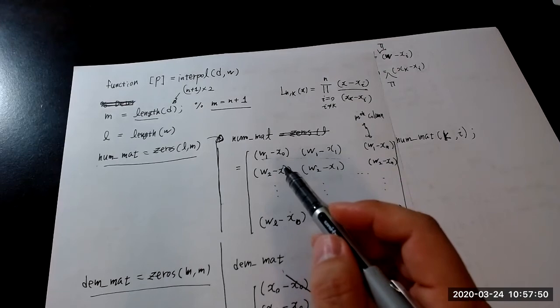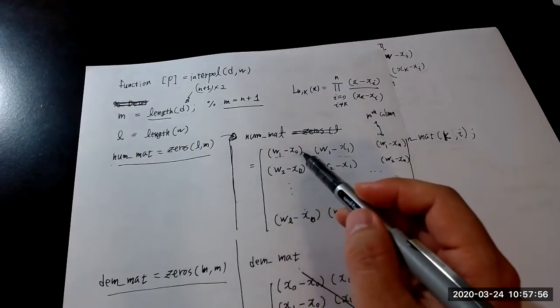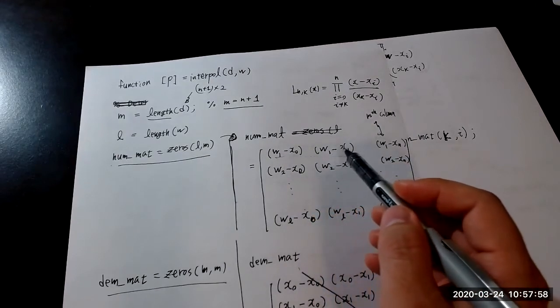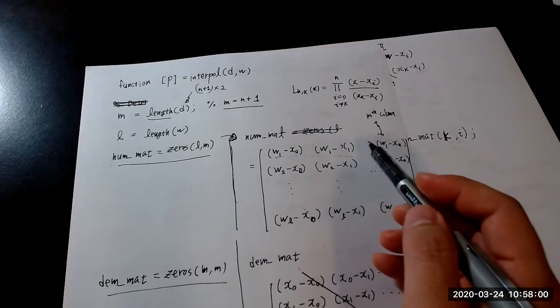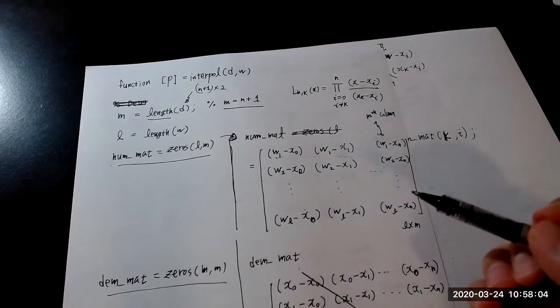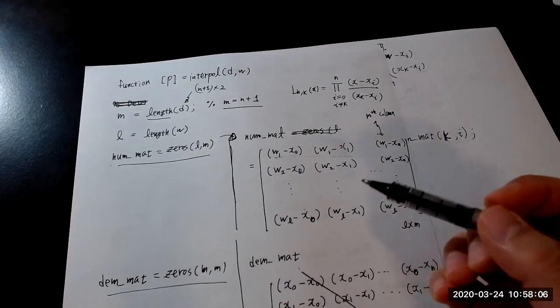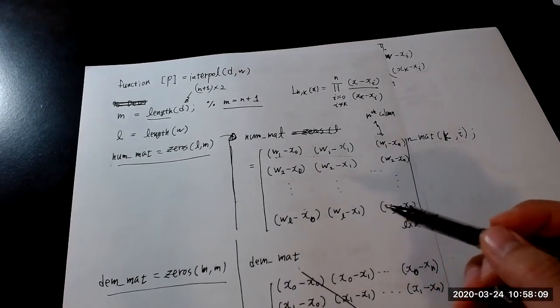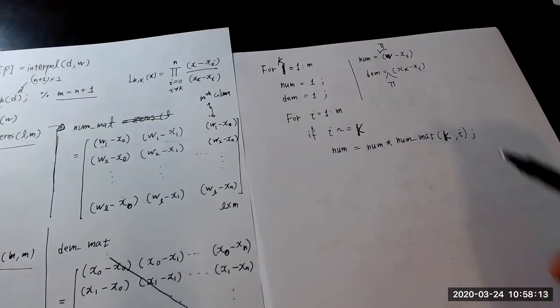That's gonna be the numerator, right? You see what I'm saying? Okay. You see w1 minus x0 times w1 minus x1 times through w1 minus xk minus 1 times w1 minus xk plus 1 times through w1 minus xn. Okay, that's this.